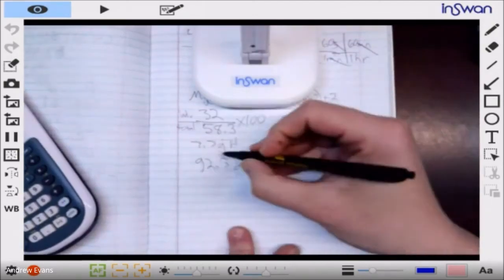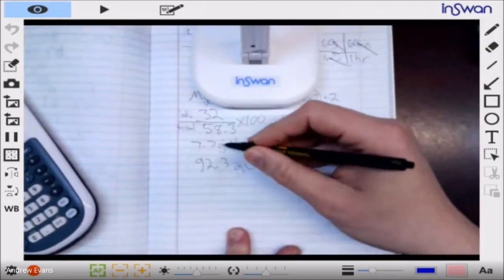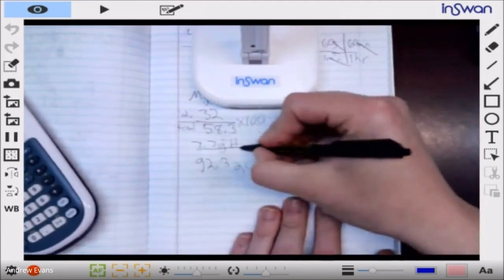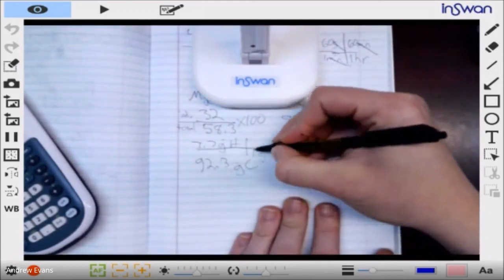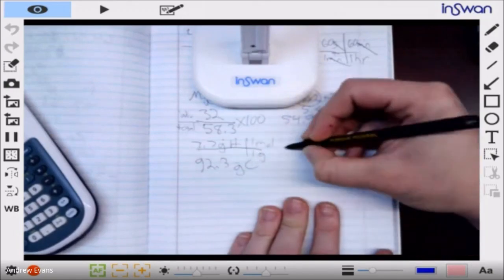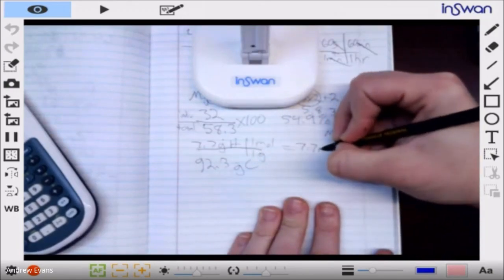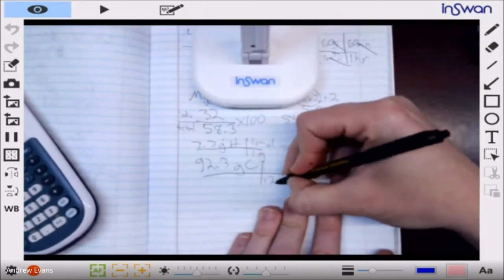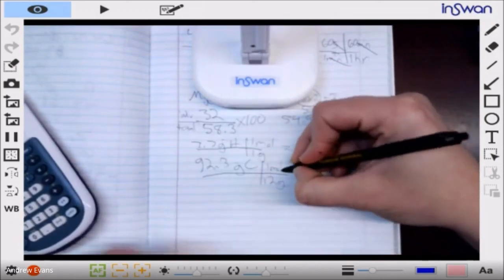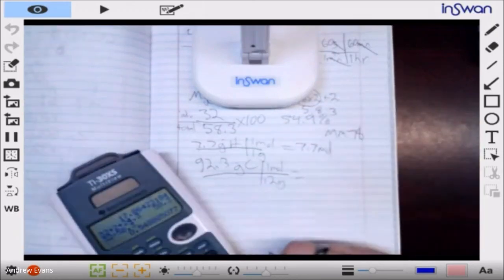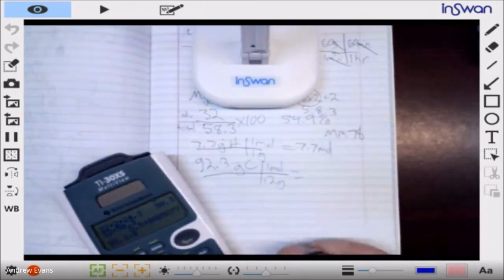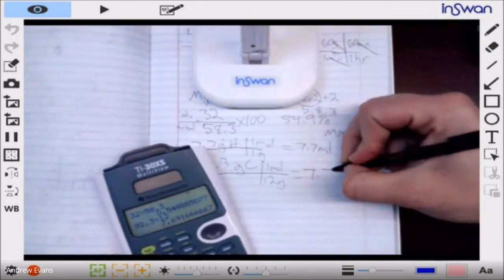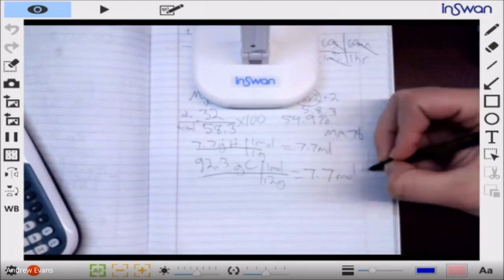I've already converted percent to grams. We're going to just assume 100 grams. So dividing 7.7 by 1 gram per 1 mole gives us 7.7 moles of hydrogen. 92.3 divided by 12 grams per 1 mole is 7.69, which is essentially 7.7 moles of carbon.